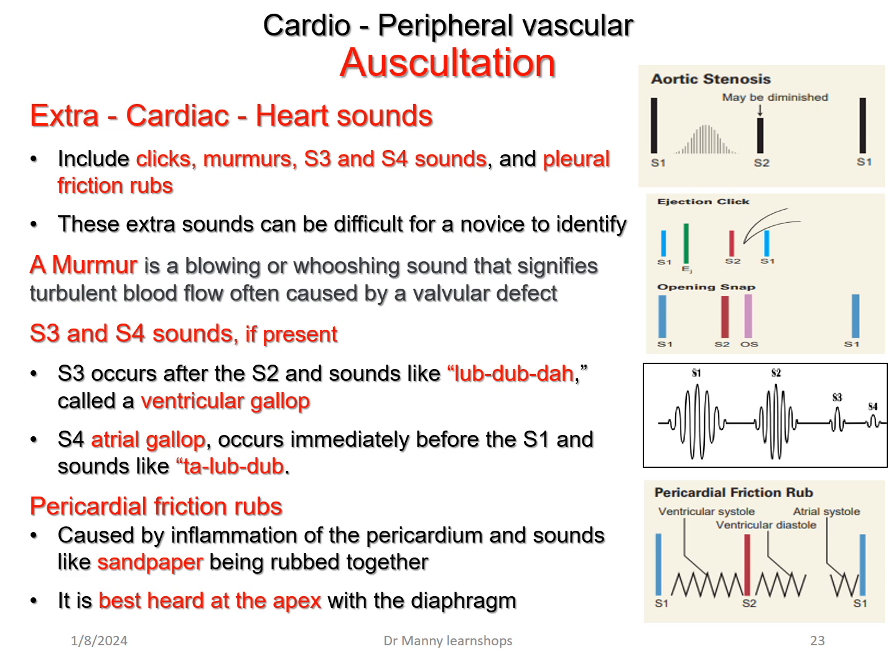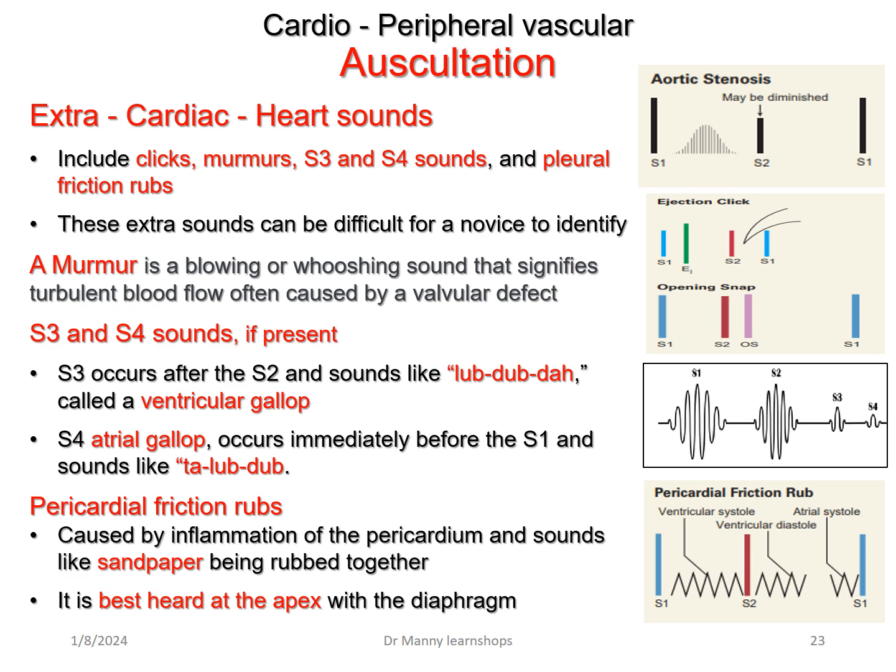When auscultating the cardiovascular system, apart from the normal heart sounds, S1 and S2, you can have extra heart sounds. These can include clicks, murmurs, S3 and S4, which are sounds typically heard in heart failure.